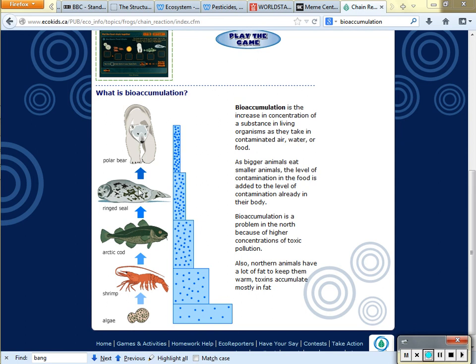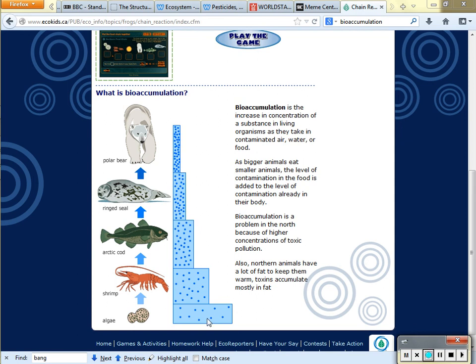And the seal goes and eats 10 fish a day, so he has like 3,000 drops of poison in him. And then the polar bear goes and eats a bunch of seals, and he has 3 million drops of poison, and he dies. Imagine if we got thrown into this food chain as well, and you fed it to a baby. That's where we have our problem.